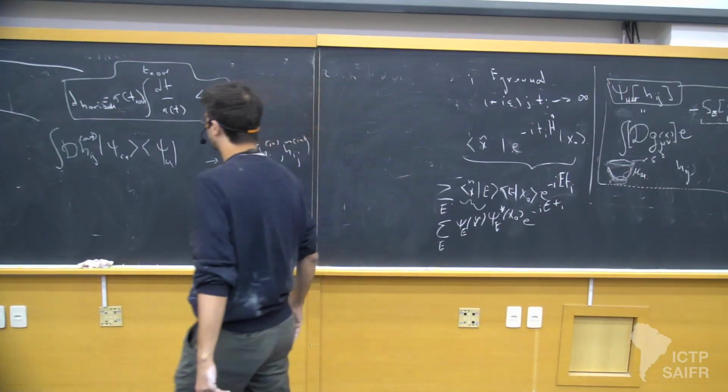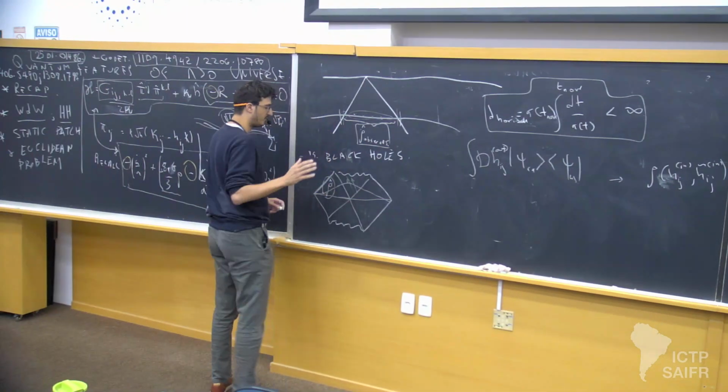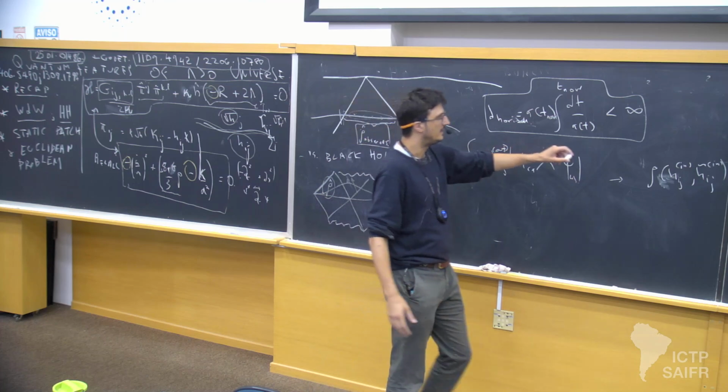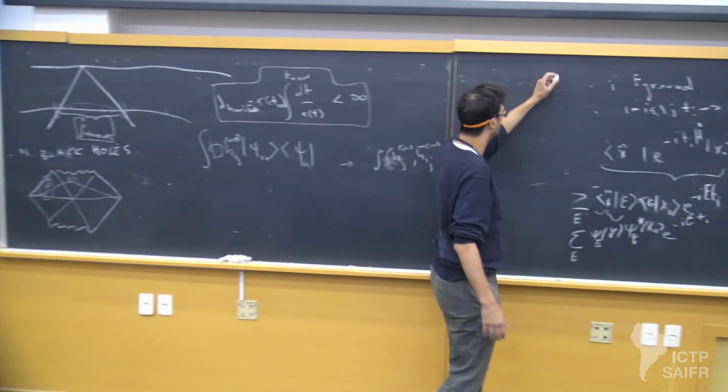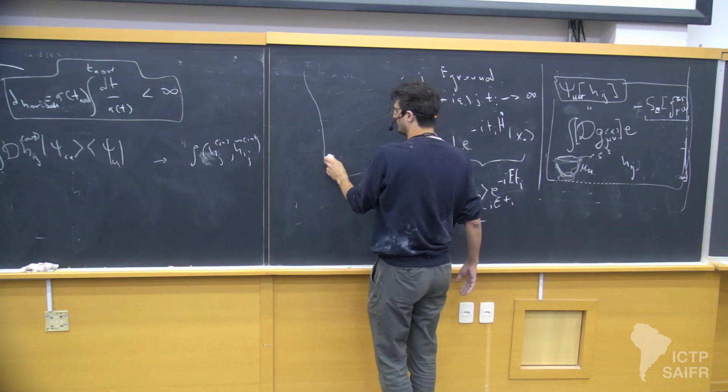And I won't have time to discuss this probably, but just for the sake of completeness, there's another perspective stemming in the literature, as an auxiliary device. This is just an aside.